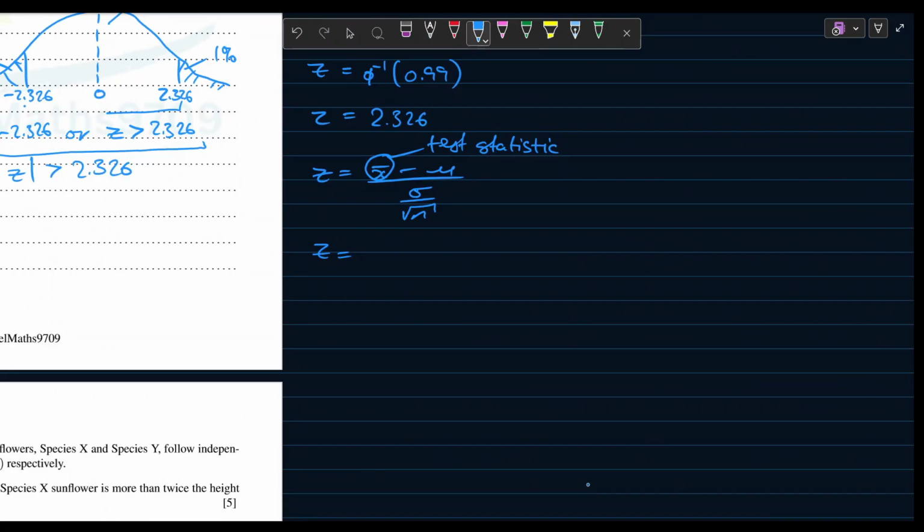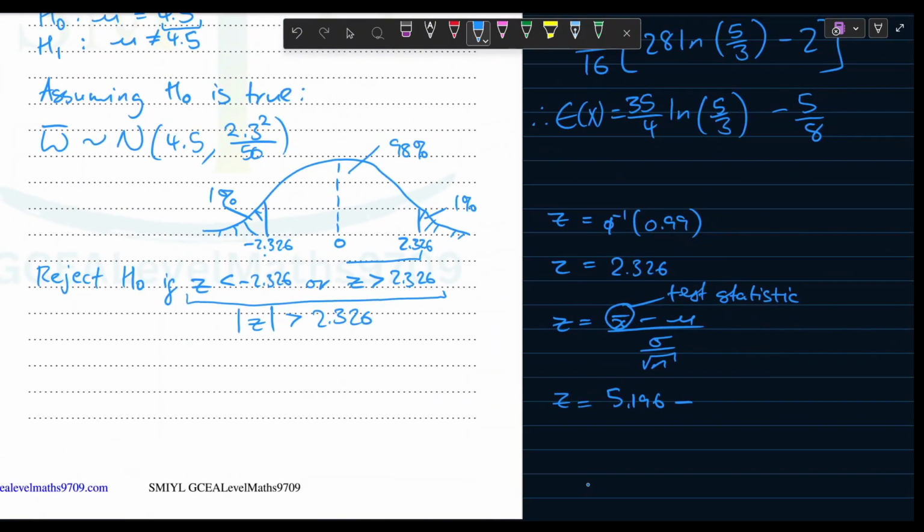So we'll use that to help us check whether the vet's claim that mu must be different is true. So z is going to be 5.196 minus our mu. We get our mu from this distribution that we defined here. So that's going to be 4.5 divided by sigma over root n, so 2.3 over root 50.